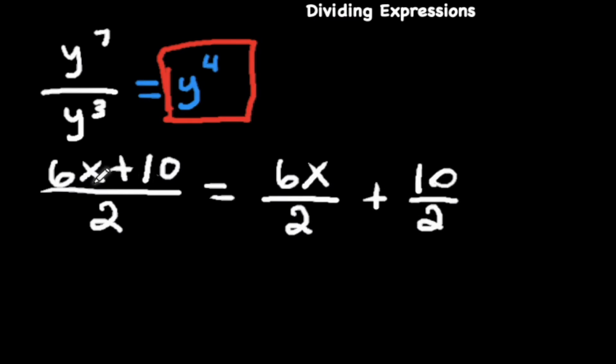Notice I separated each expression and divided each by the same divisor of 2. So 6 divided by 2 is 3, and we're still left with x, plus 10 divided by 2 is 5. So our final answer is 3x plus 5.